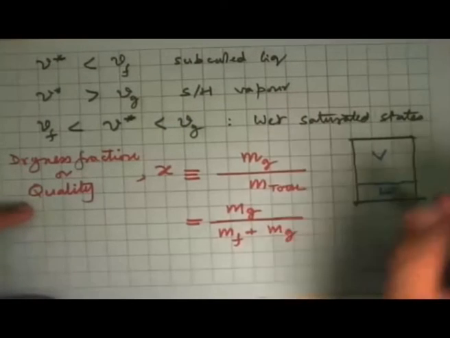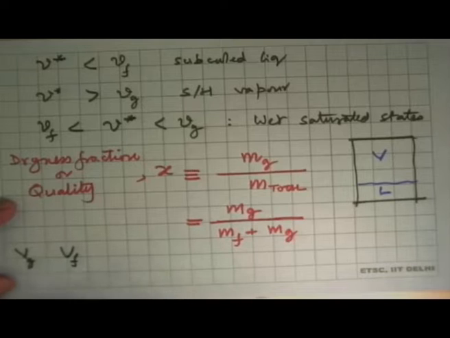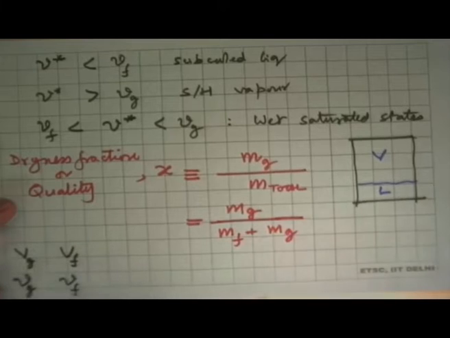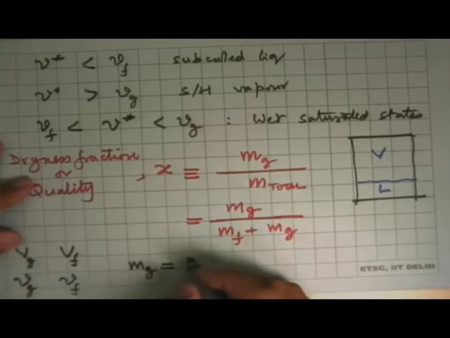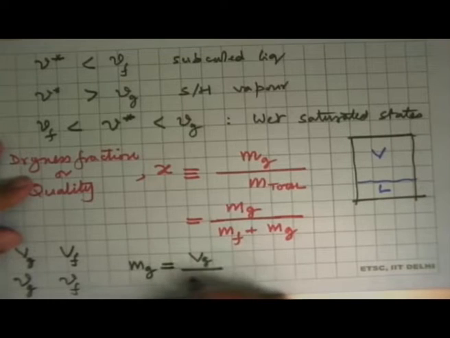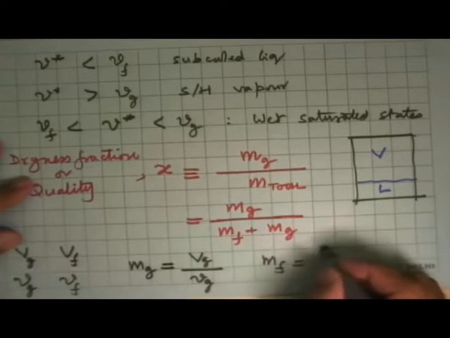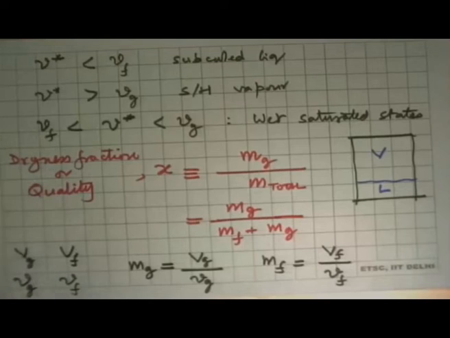The volume of vapor is capital Vg, the volume of liquid is capital Vf, and the specific volumes are vg and vf. By definition, mg is the volume of the gas divided by the specific volume of the gas, and mf similarly is Vf upon the specific volume of the liquid.